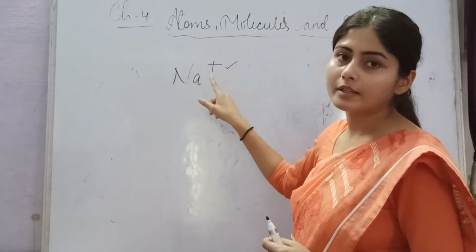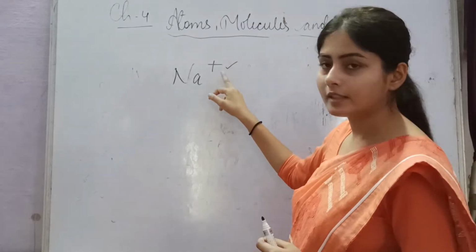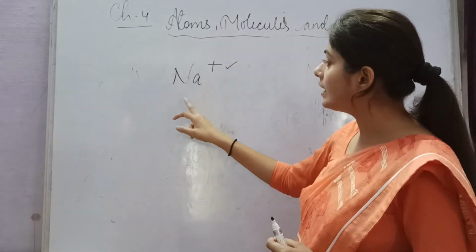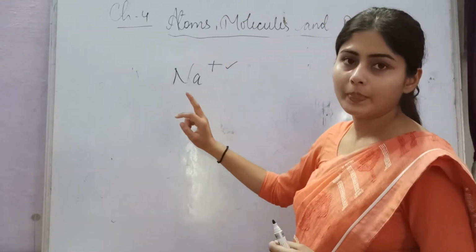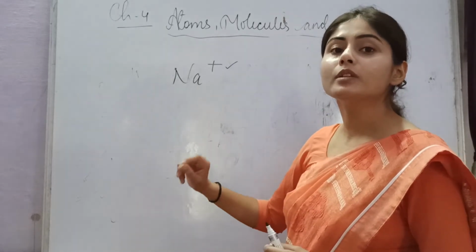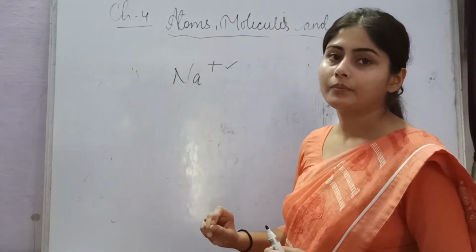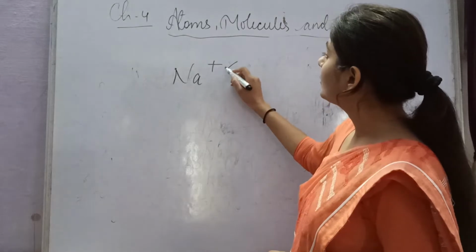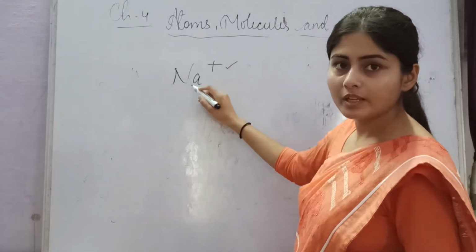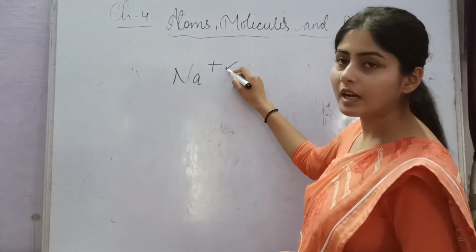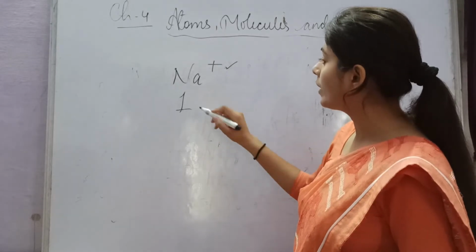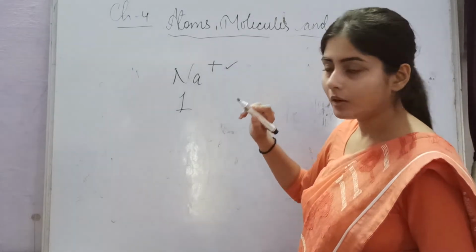Count the number of charges, and that is the valency of that radical. Only you have to ignore the positive and negative sign. Like this Na+, the sodium radical is having one positive charge, so you will write here 1. Ignore this positive sign.